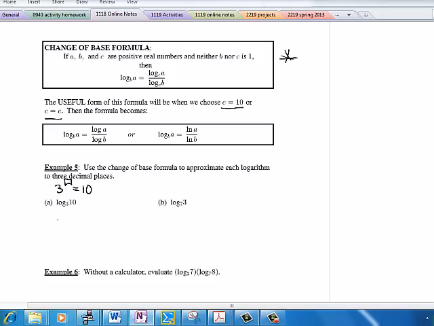So on a calculator, I could do log base 10 of 10 divided by log base 10 of 3. And I can get that, or if I prefer, I can do natural log of 10 divided by natural log of 3. Either one is fine.